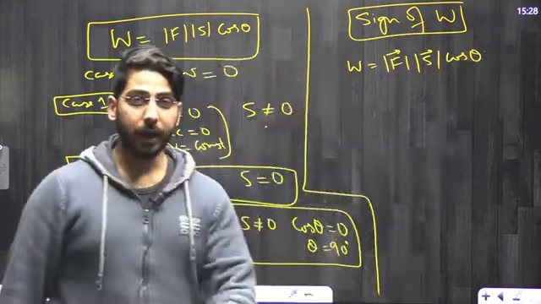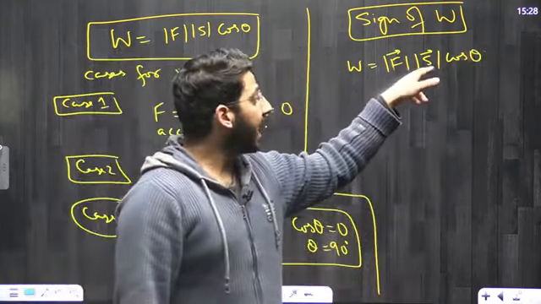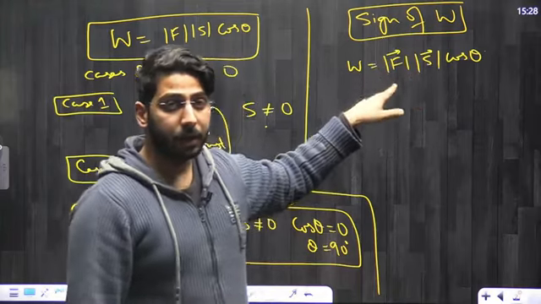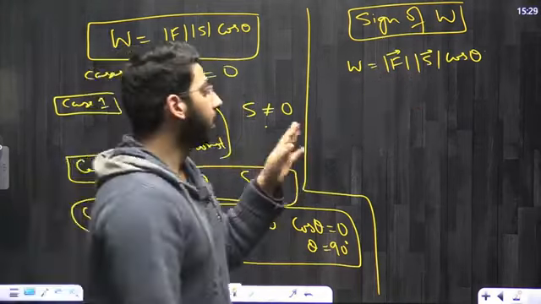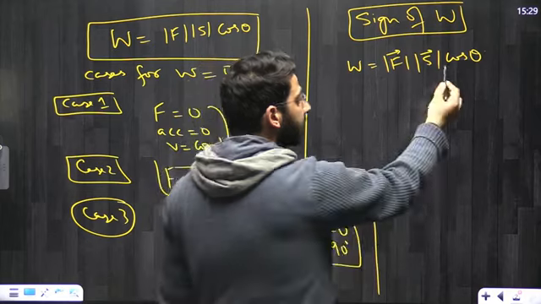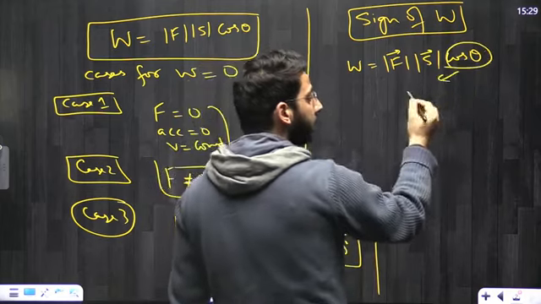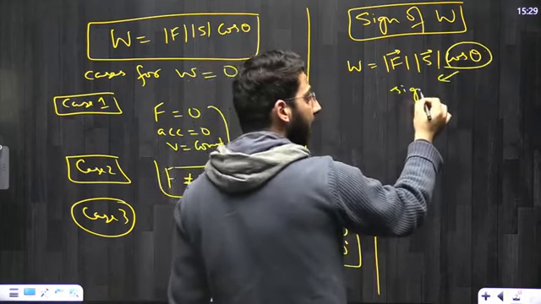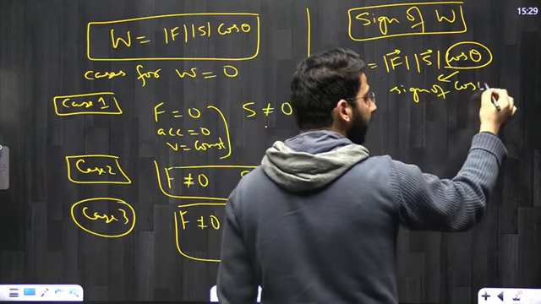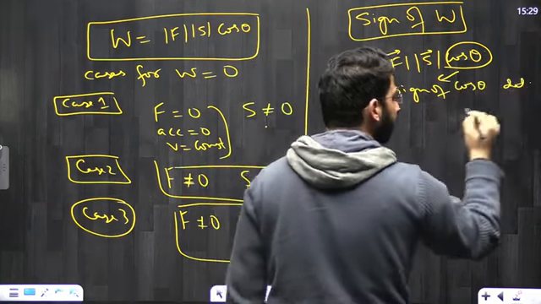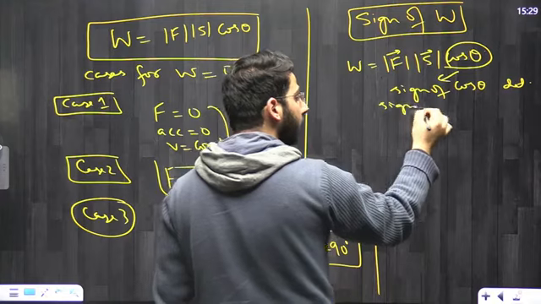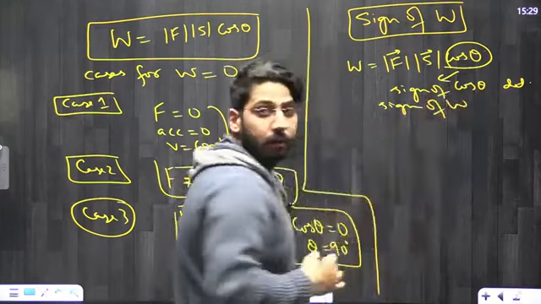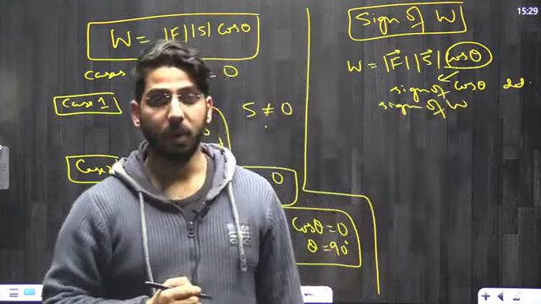And I already told you that force and displacement are in magnitude, so they will never be negative. So the sign of cos theta determines the sign of W.